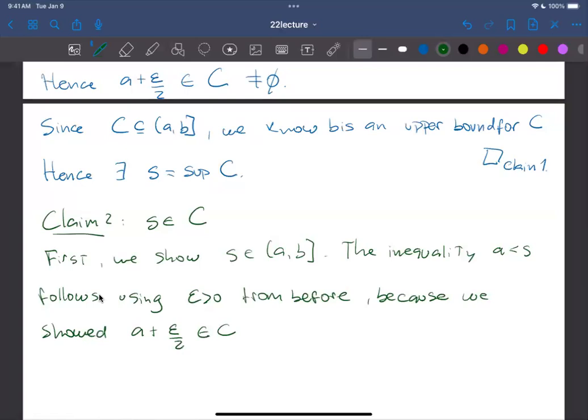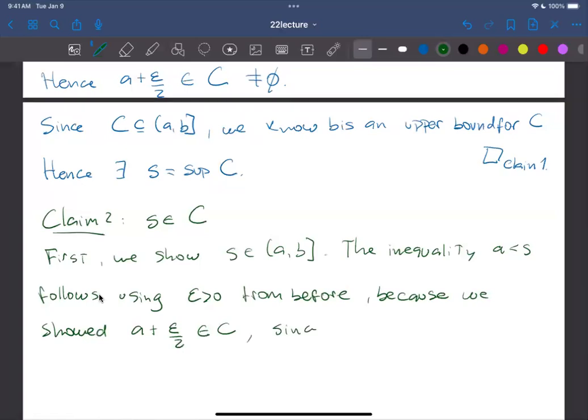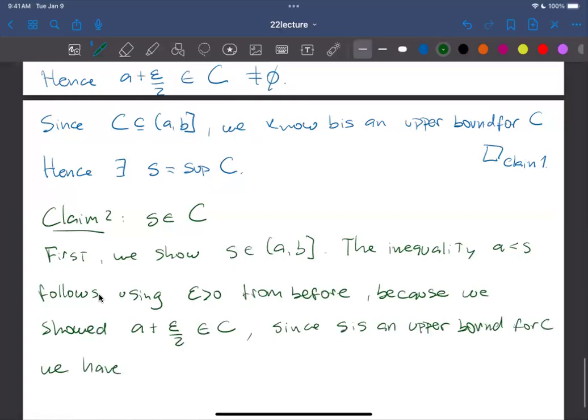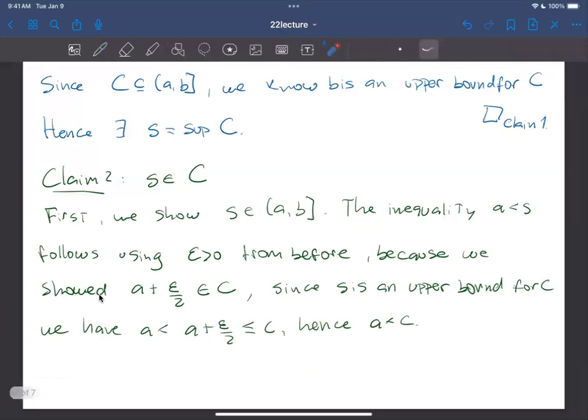And then, since S is an upper bound for C, we have A plus epsilon over 2. That guy is always bigger than A, and it's smaller than or equal to S, because S is an upper bound. So A is smaller than S. So that's the first part of this inequality.